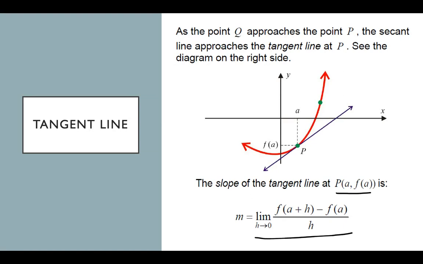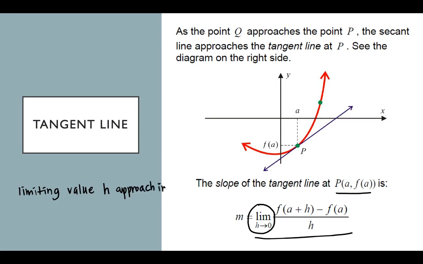Now you will notice something unique, this symbol: limit as h approaches 0. So we read it as h approaches 0. What this means is that we're limiting the value so that h is approaching 0.